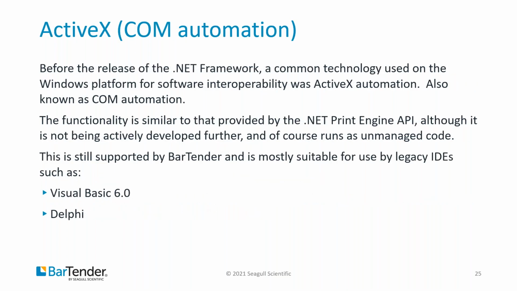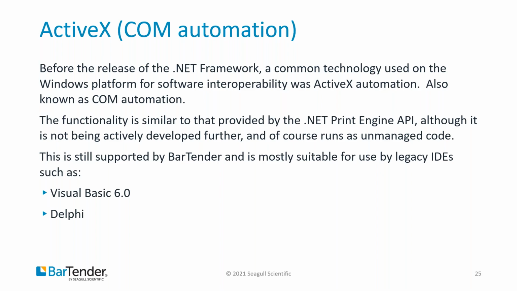Next, ActiveX, also known as COM automation. Again, this is still supported. Basically, ActiveX was the forerunner or the predecessor to the .NET framework. ActiveX is a common technology used on the Windows platform for software interoperability.